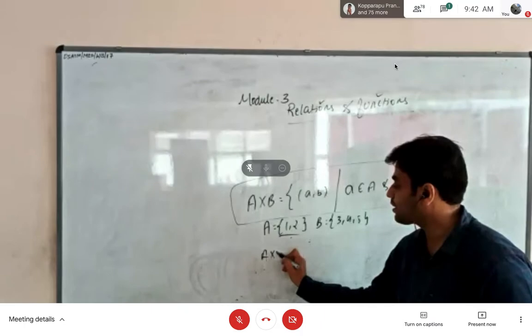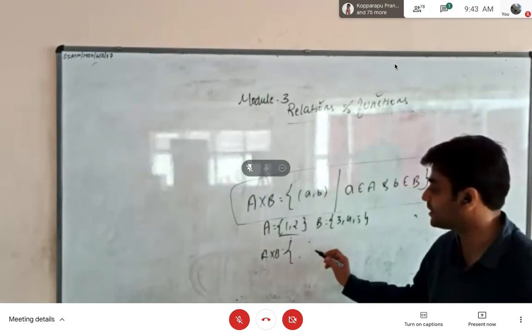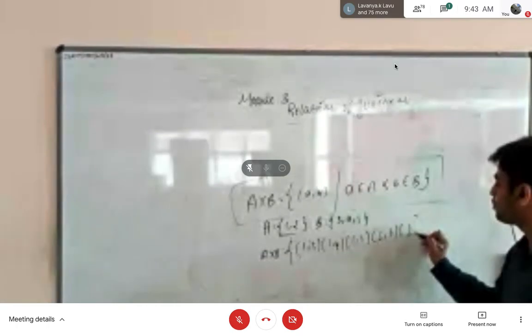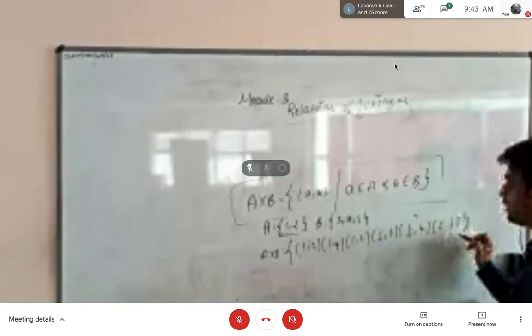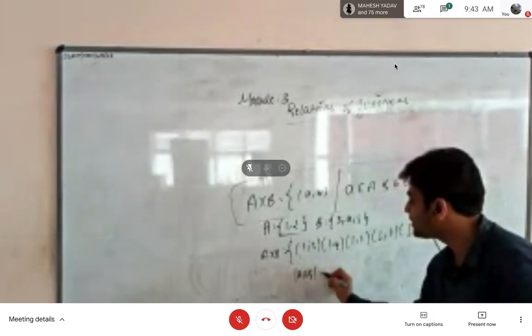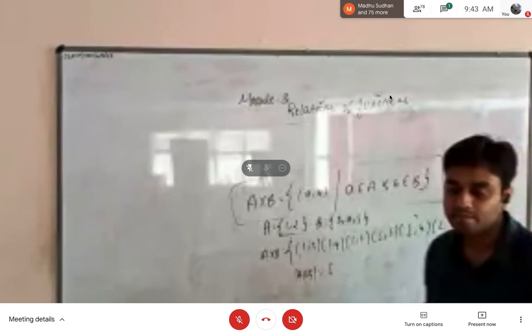Now if I find A cross B, which are all the ordered pairs present? It will be (1, 3), (1, 4), (1, 5), and then (2, 3), (2, 4), (2, 5). What is the cardinality of A cross B? We have 6 ordered pairs, so it is equal to 6.